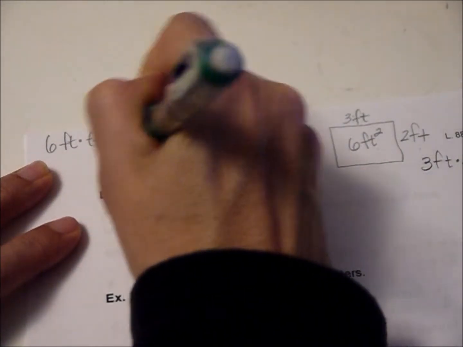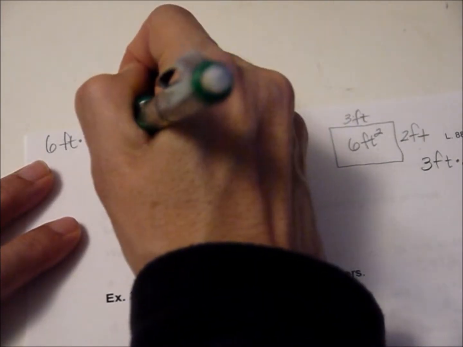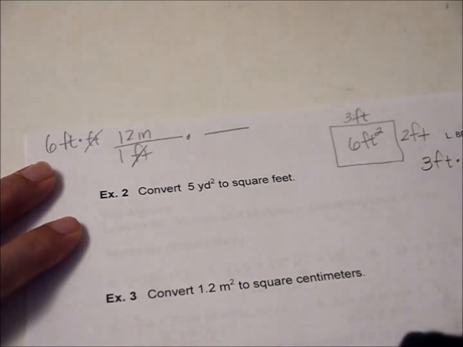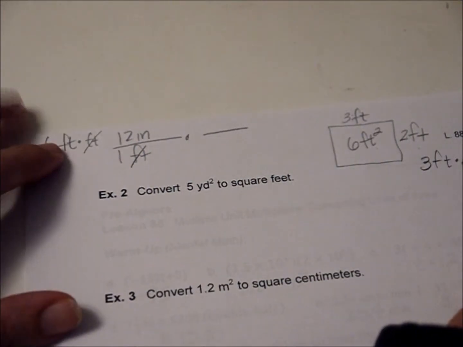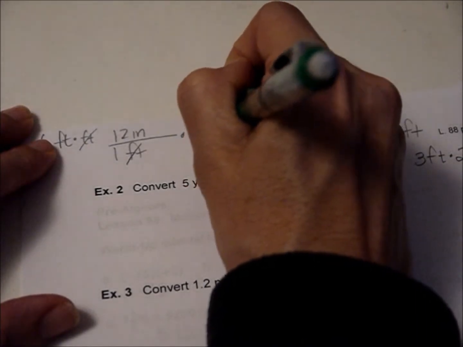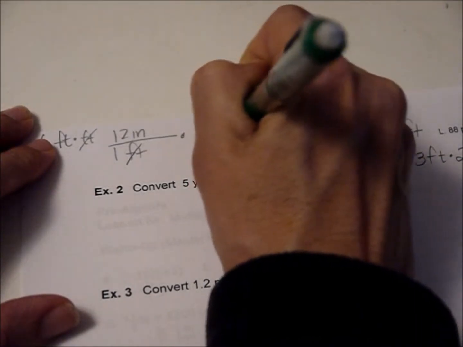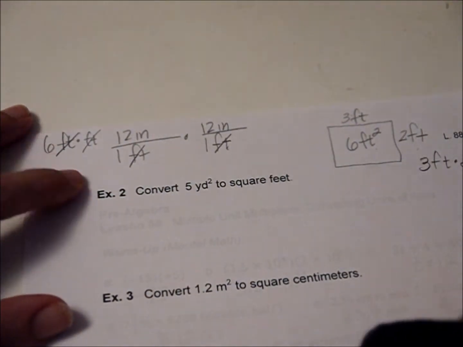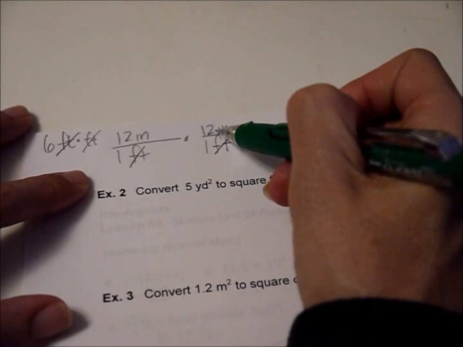So okay, let me tell you, 1 foot is 12 inches. Okay, what that does though is cancel out 1 of our feet, but we still have another foot that we have to deal with, so we're going to do the same unit multiplier again. And now we've got enough to cancel out those feet, and we end up with inches times inches.